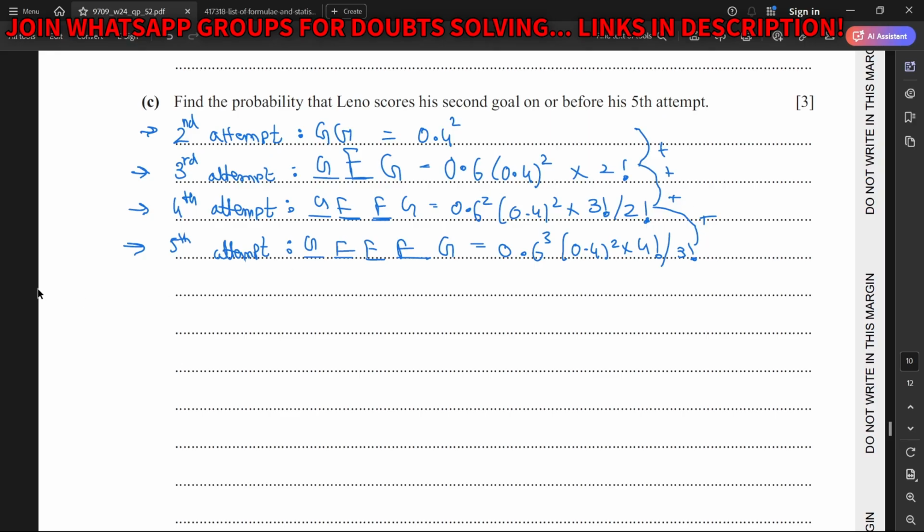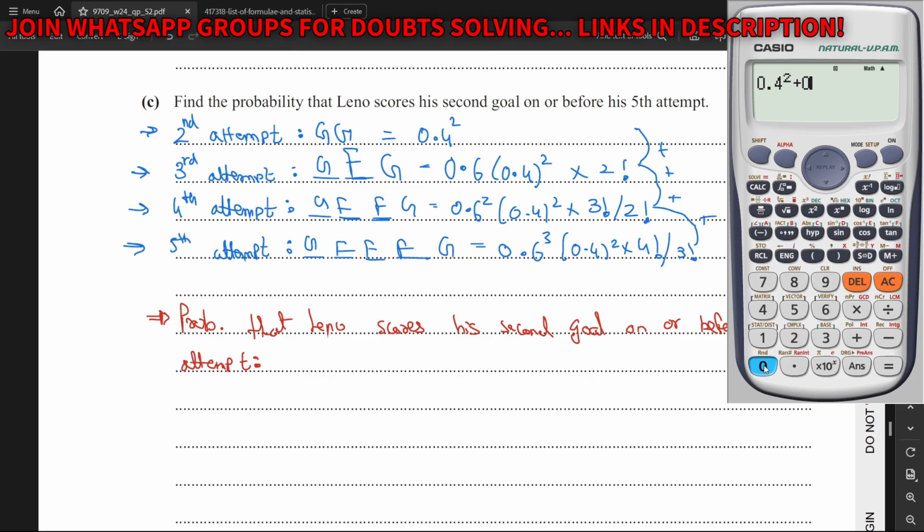And that is going to be, this implies that the probability that Leno scores his second goal on or before fifth attempt will be equal to the value that I'm getting over here, 0.663.